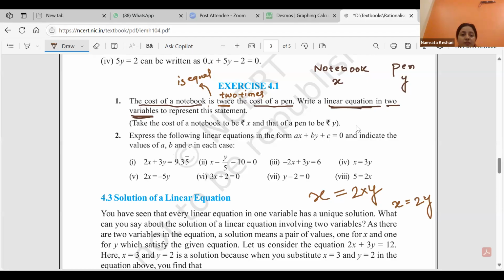Was it difficult? No, ma'am. You will say, let's assume that the cost of notebook is X rupees and the cost of a pen is Y rupees. Then according to the situation given, X equals 2Y and we are done. Let's move. A hint is also given for this question. See, the hint was not required at all.